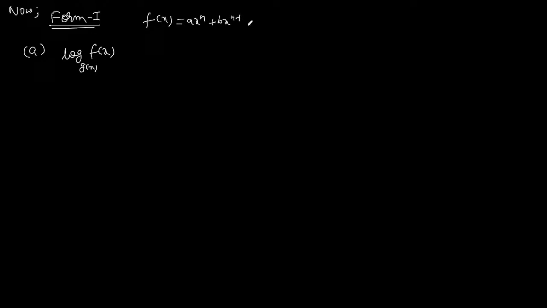Now I wanted to tell that for form 1, if we are given something like log f(x) base g(x), what do we mean by f(x)? f(x) is something like a x to the power n plus b x to the power n minus 1, something in variable form, and g(x) is also of the form a1 x to the power n plus b1 x to the power n minus 1 plus dot dot dot.